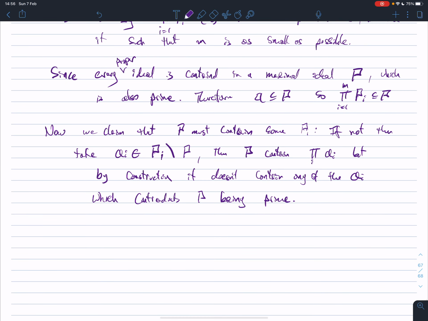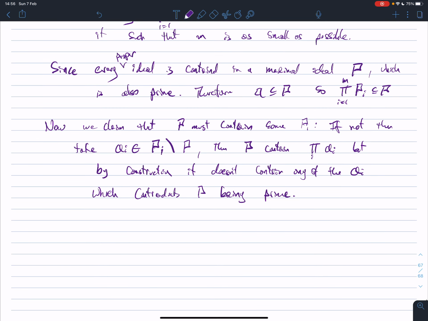Great. So I know that P contains one of these P_i. After some relabeling, I can assume that P_1 is contained in P. But we're in a Dedekind domain, and by definition 3.3.1, in a Dedekind domain every prime ideal is maximal.